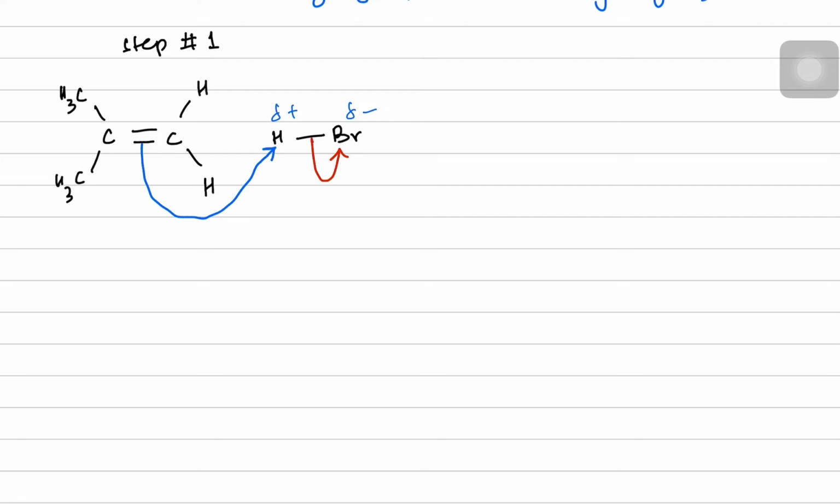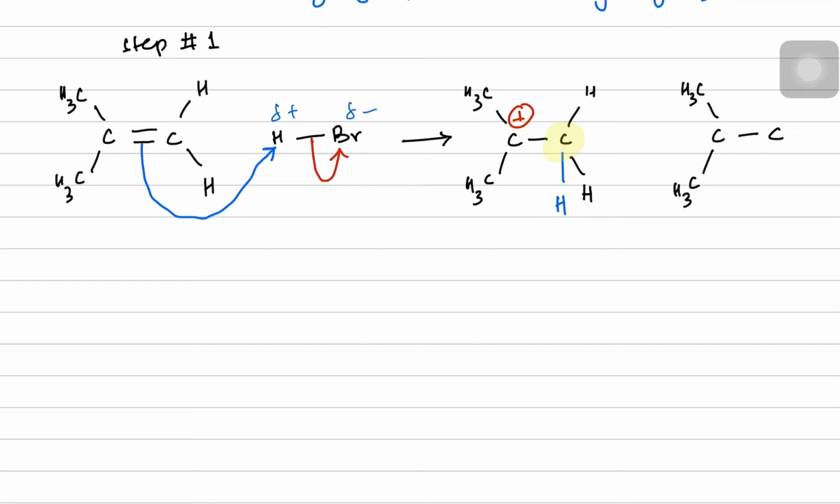We get two carbocations in this scenario. Either the one with methyls becomes positively charged and the hydrogen is attached to the carbon with more hydrogens, which is the yellow carbon, carbon number 1, or the hydrogen is attached to the carbon with more hydrogens, the carbon on the right, which I'm highlighting with a red pen.